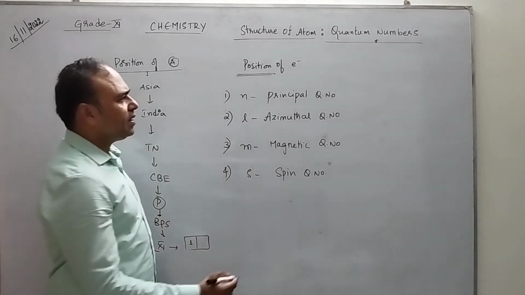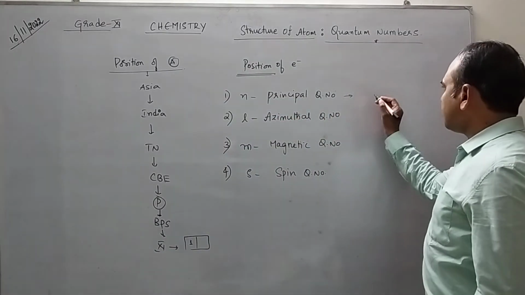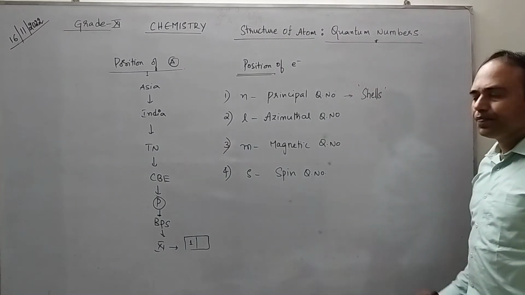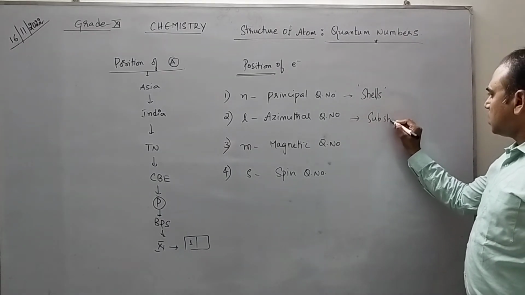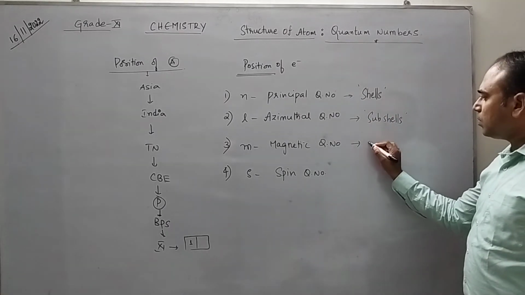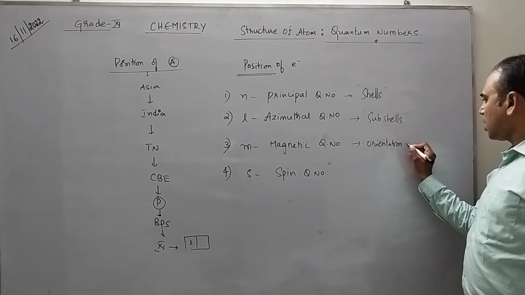In short, let us see what does this principal quantum number represent. The principal quantum number represents the shells. Azimuthal quantum number represents the subshells of an atom, and magnetic quantum number represents the orientation.